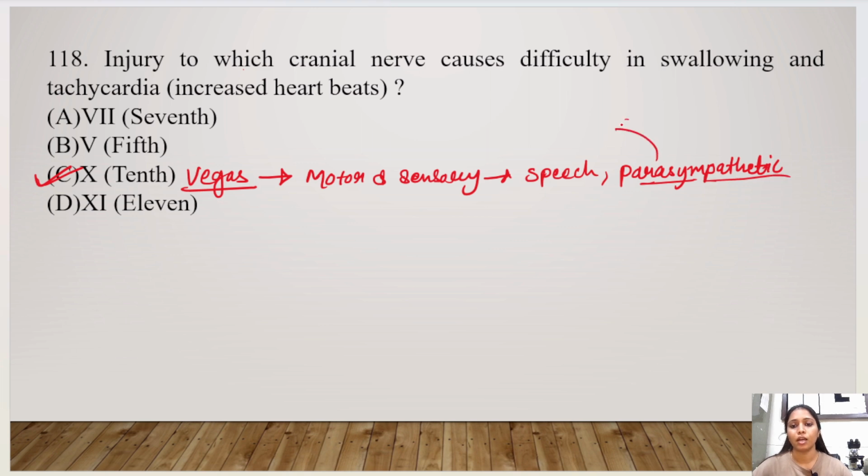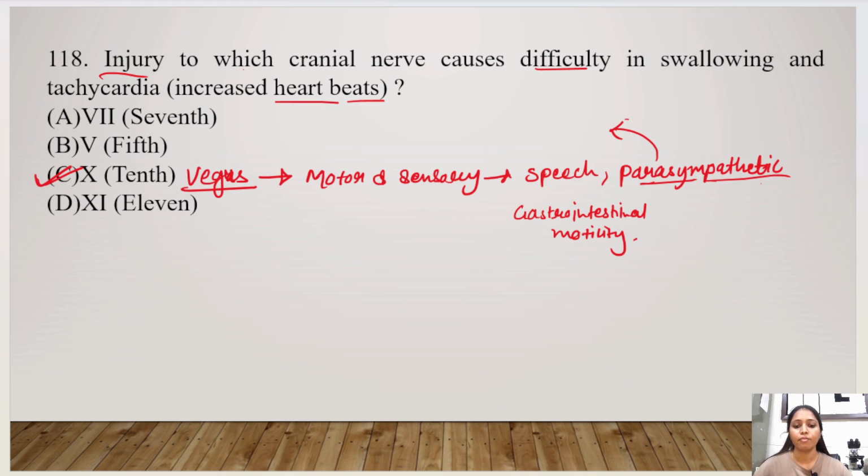So due to injury in this nerve, the parasympathetic function does not occur, and that's why there is an increase in the heartbeat, and it also functions in gastrointestinal motility. So these are the major functions of the vagus nerve, or 10th cranial nerve. So here option C is correct for this question.